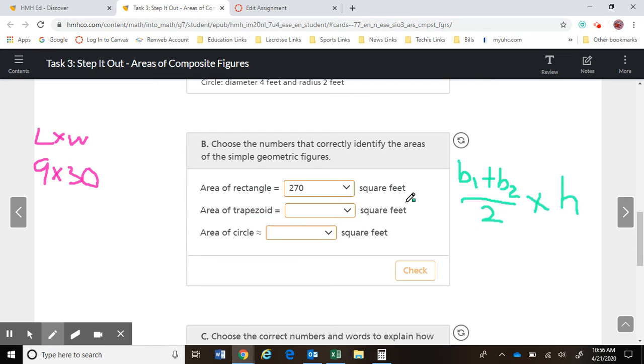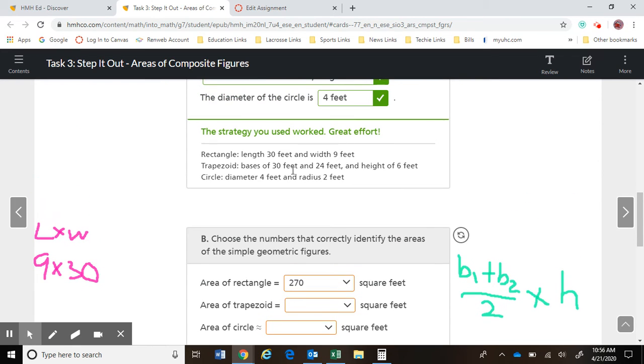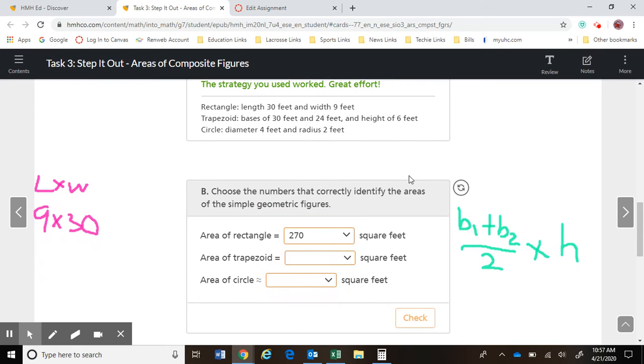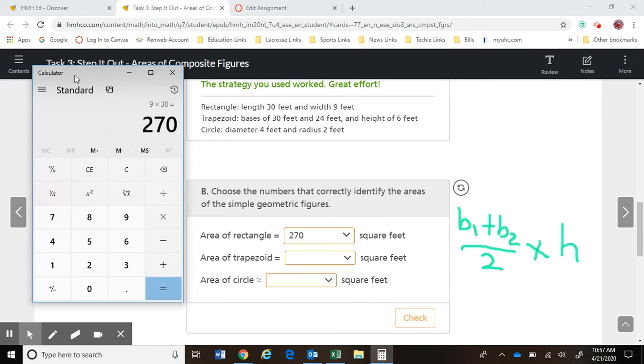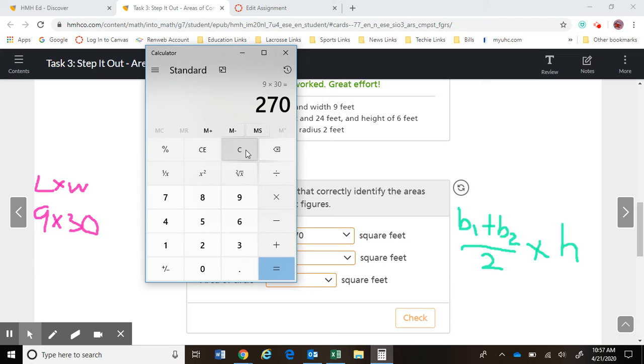What were my two bases? My two bases were 30 and 24, and I had a height of 6. So I need to go 30 plus 24, divide that by 2, and then multiply times 6. So here we go. 30 plus 24 gives me 54.